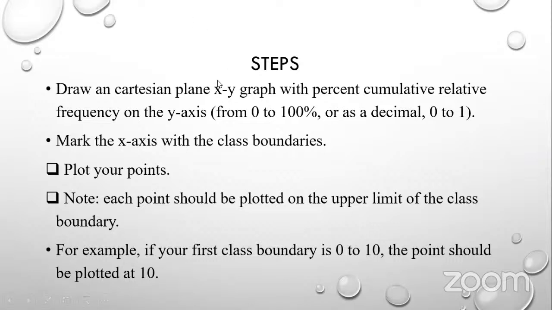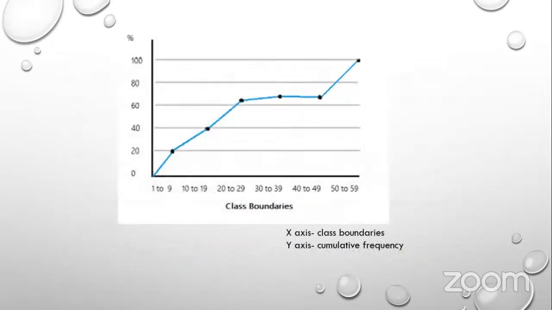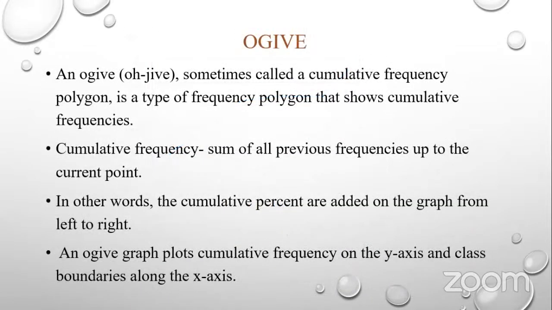So how to draw the ogive? We mark the x-axis with class boundaries, and we take the percent cumulative relative frequency on the y-axis. Then we plot the points. Each point should be plotted at the upper limit of the class boundary. That means if your first class boundary is 0 to 10, the point should be plotted at 10. You will get an idea when you draw the ogive curve. You will learn how to draw the ogive in the demonstration.